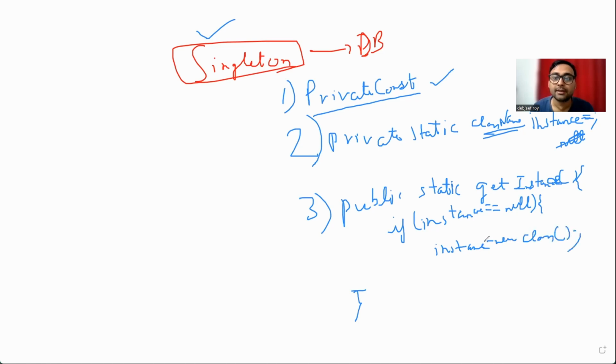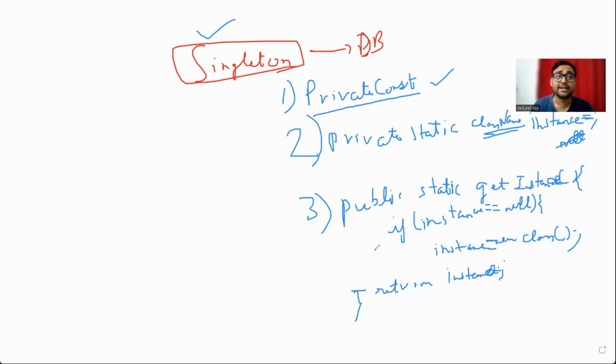Otherwise, if instance is not null, then we will directly return this instance. I hope you're able to understand. So this is the way we will write singleton. These are the steps that we have to implement.